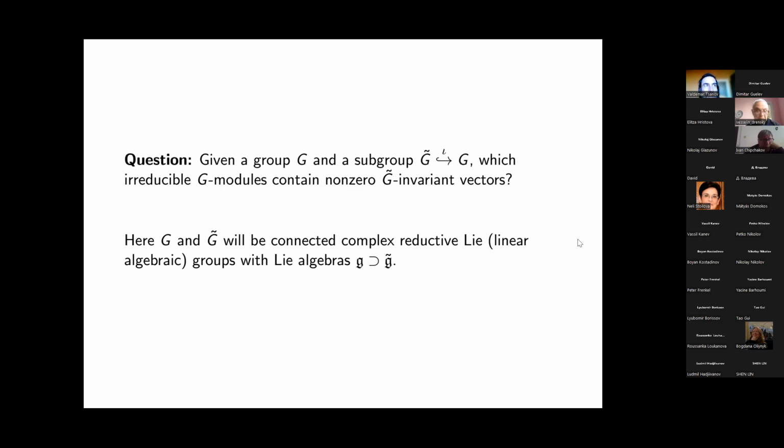And so a complex reductive group is a group which behaves very much like a compact group, especially as far as representations are concerned. So all finite dimensional are completely reducible, and the invariants of the complex one are the same as those of the compact.